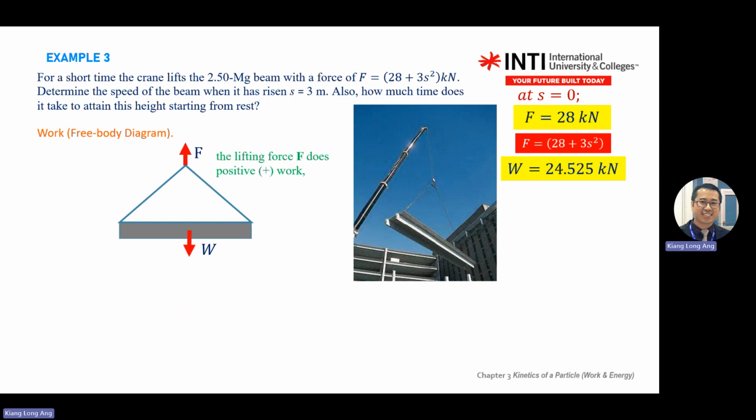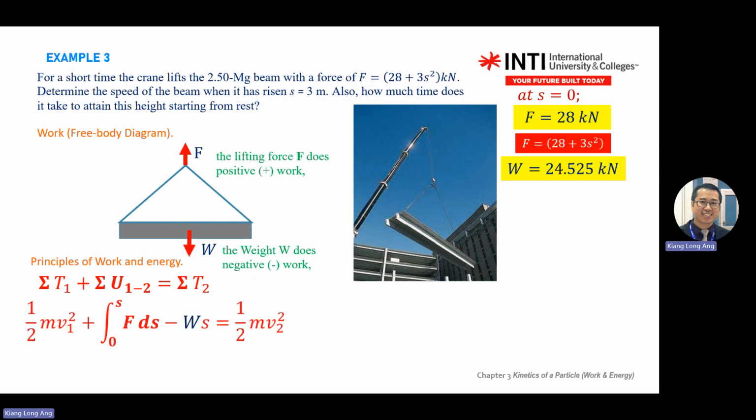Okay, lifting force does positive work because the object is going up. The distance traveled is up, force goes up, weight goes down, gives you negative work. Okay, use the principle of work and energy. Again, write the work done equal to kinetic energy at station 2 minus kinetic at initial. Okay, you put in all the parameters.